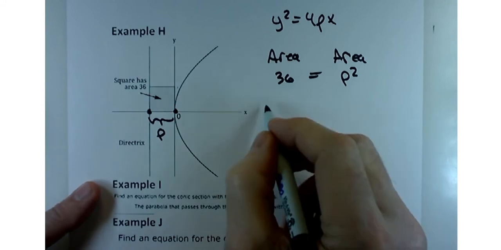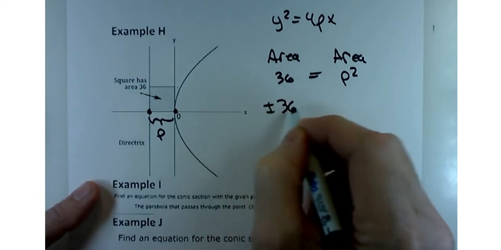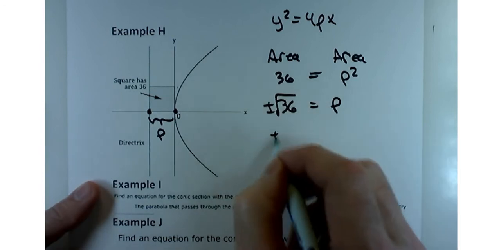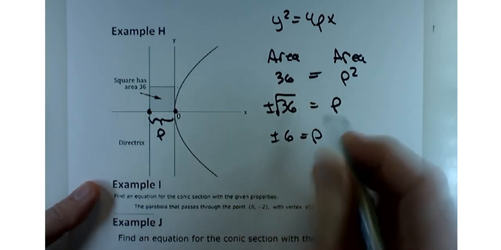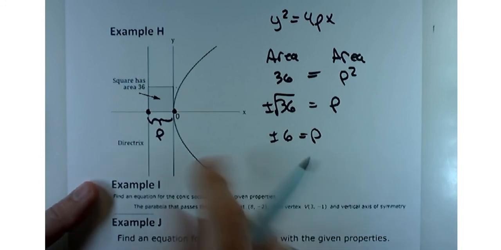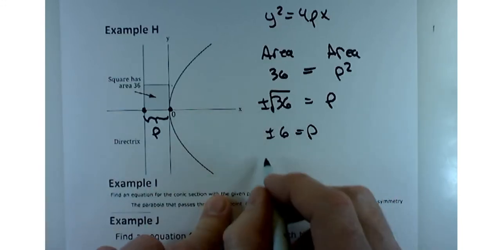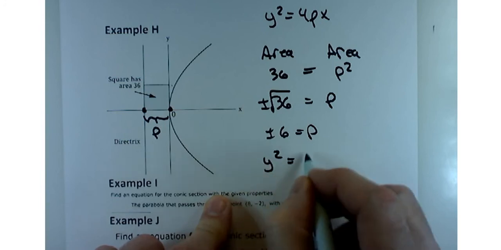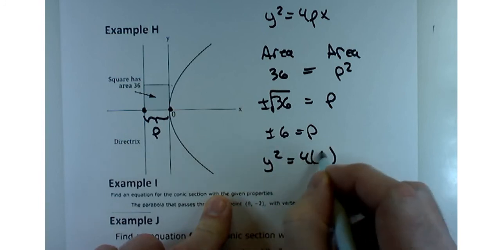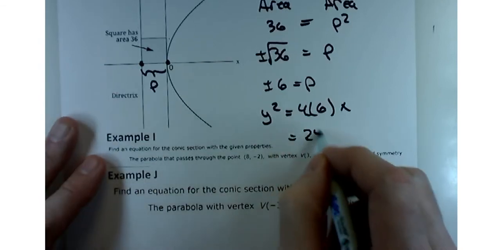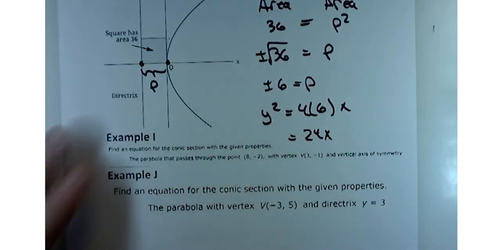Now the person that's really on the ball will take plus and minus a square root on both sides and get plus or minus 6 equals p. But realistically, that distance is p. We're going to choose the positive 6 and end up with y squared equals 4 times 6 times x, or 24x. So nice.